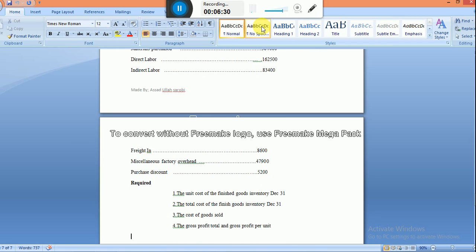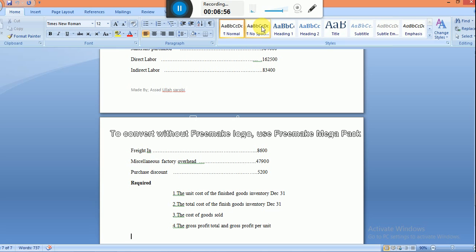What are the requirements? Number first, the unit cost of the finished goods inventory on December 31st. It means how many units are produced by December 31st, to find out the unit cost of the goods manufactured or the finished goods.